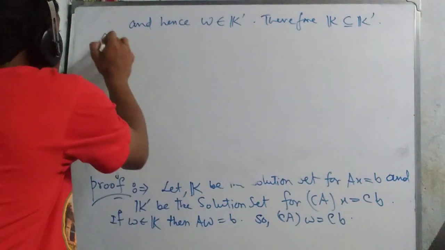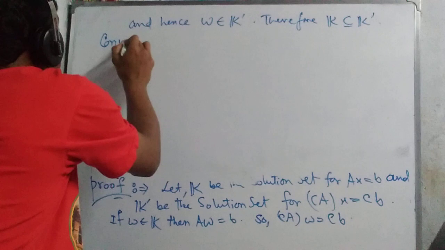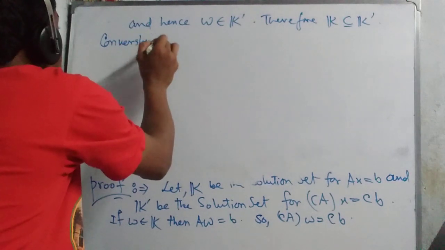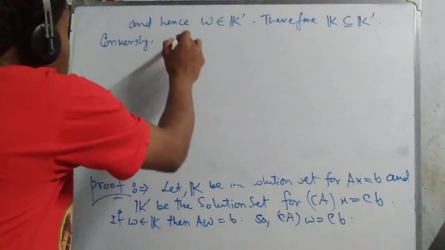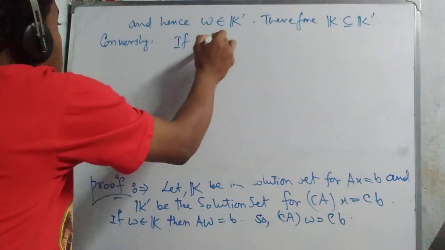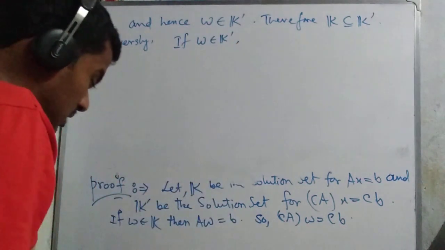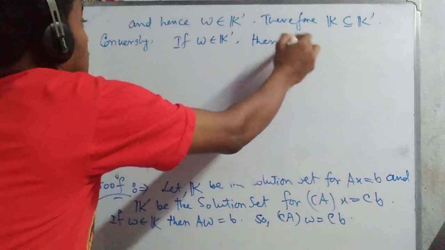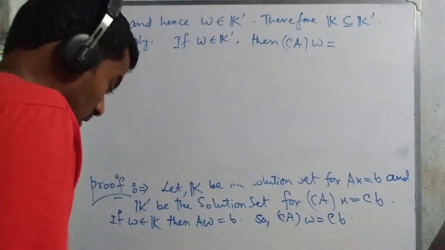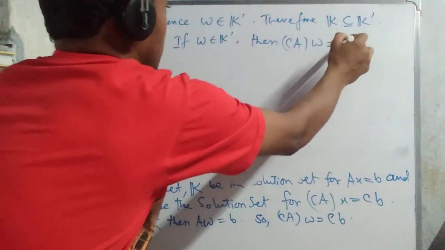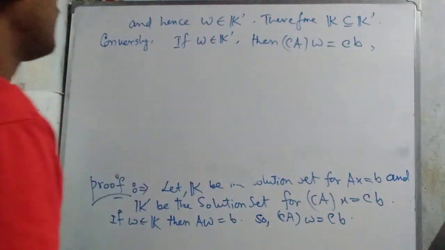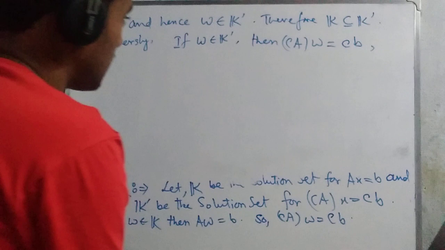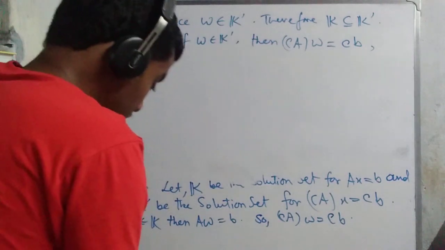Conversely, if W belongs to K dash, then CAW equal to CB.